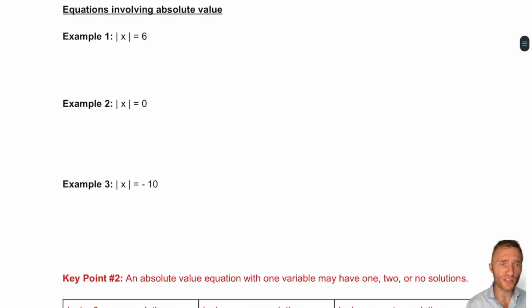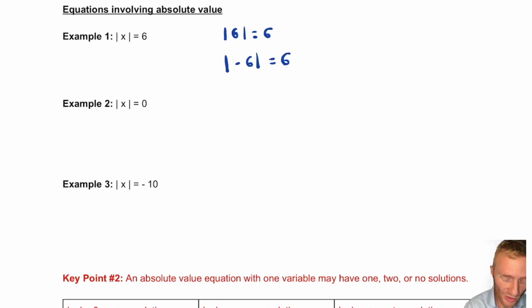We're going to start with just a single variable here, the absolute value of x equals 6. The idea here is what values of x could make that a true statement. It turns out there are two, because if you took the absolute value of regular 6, you'd have 6. If you took the absolute value of negative 6, you'd have 6. So there are actually two answers to this equation.